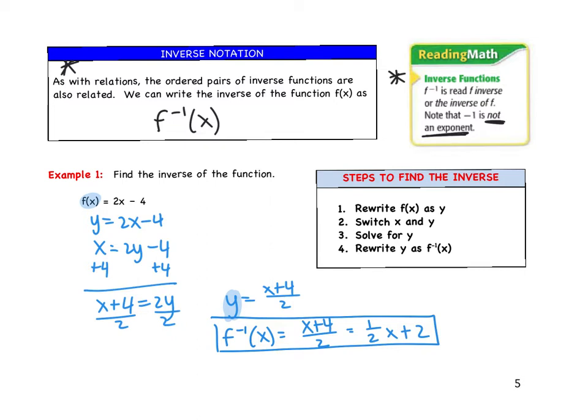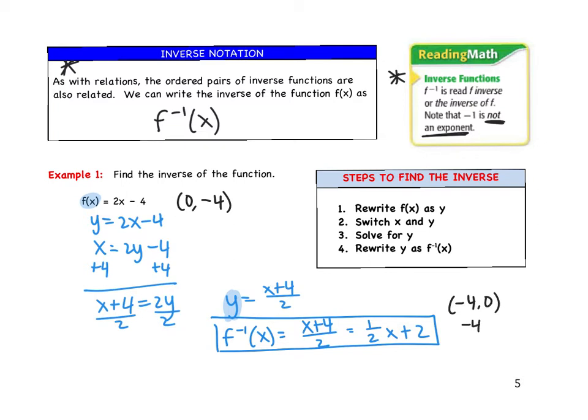Now, are these actually inverses? Let's show an example of how these are inverses. In this top equation, my original one, let's plug in a 0 for x. When we do, we get 2 times 0 minus 4, which is negative 4. If these are inverses then, that means in our inverse equation, we should have the point negative 4, 0. So let's see.